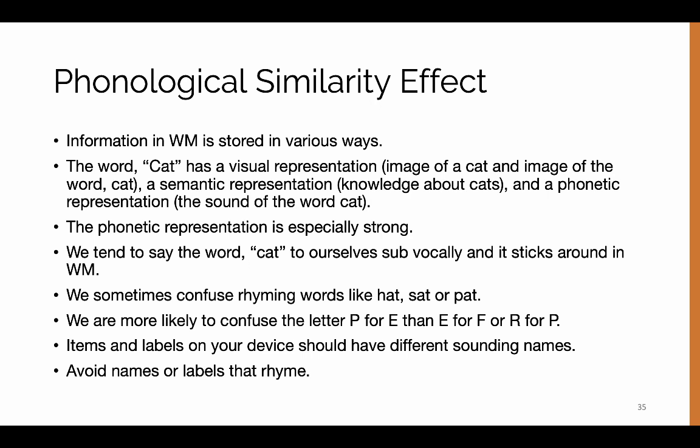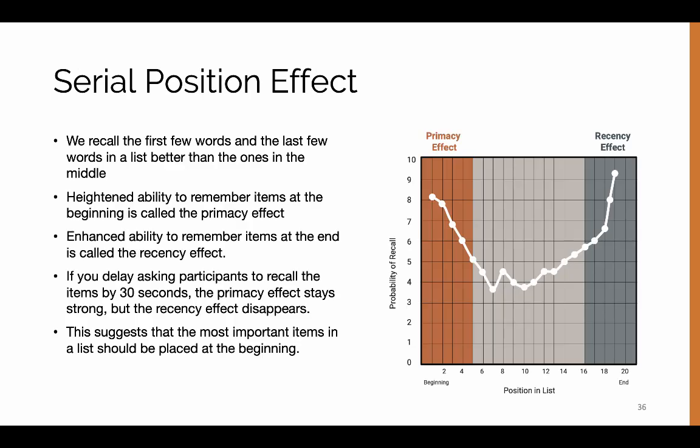Basically, we're more likely to confuse letters and words that sound alike than words and letters that do not sound alike. So this tells you that items and labels on your device, as much as possible, should have different sounding names, not just different appearing names, but different sounding names, because we have this tendency to say things to ourselves subvocally when we are reading them. So avoid, if at all possible, names or labels that rhyme, because people do have a tendency, surprising as it is, to confuse those things.